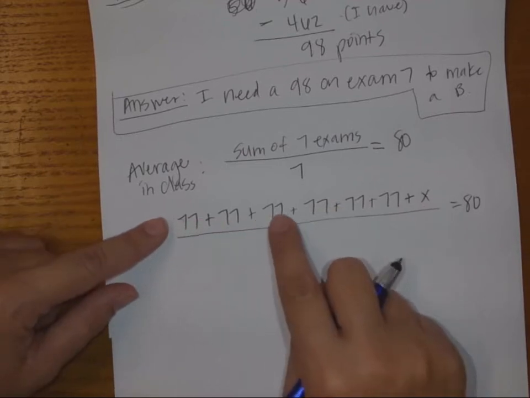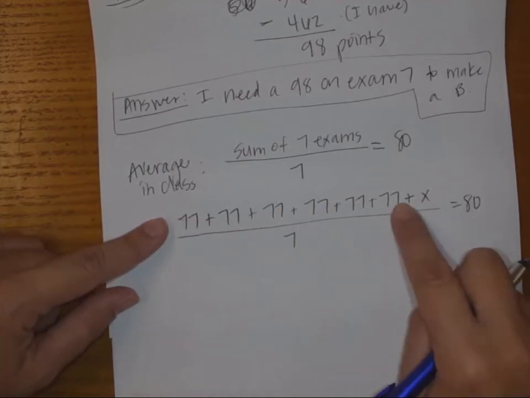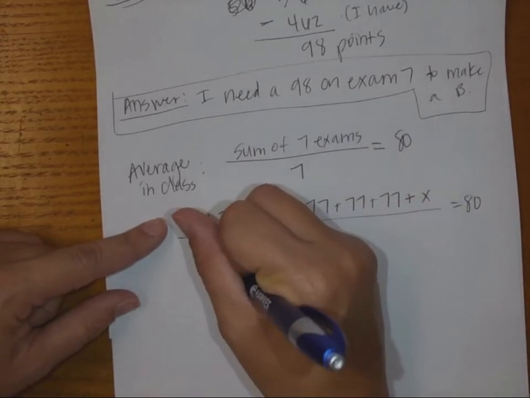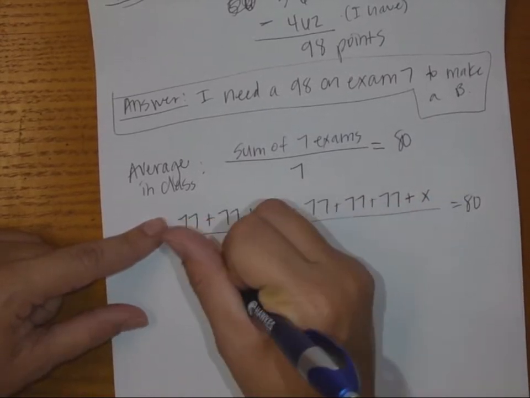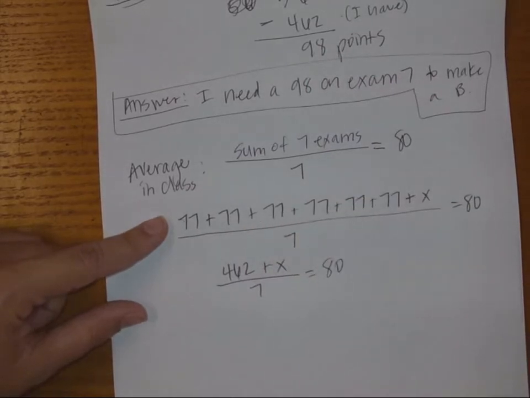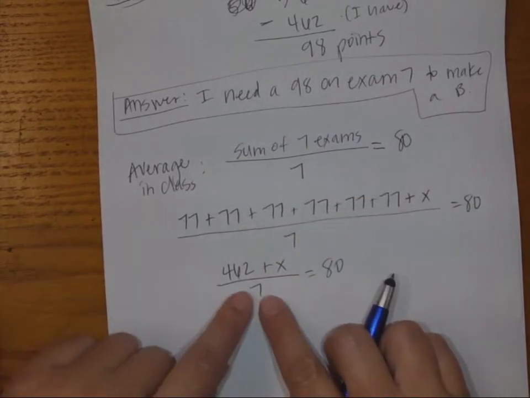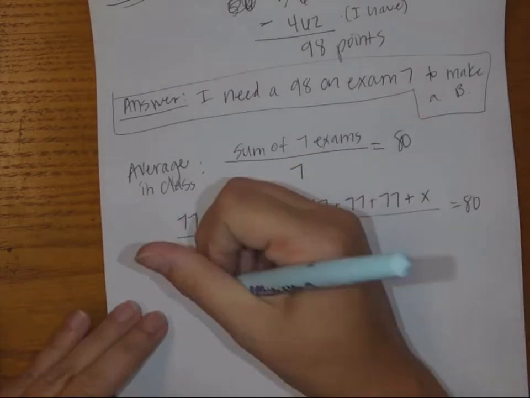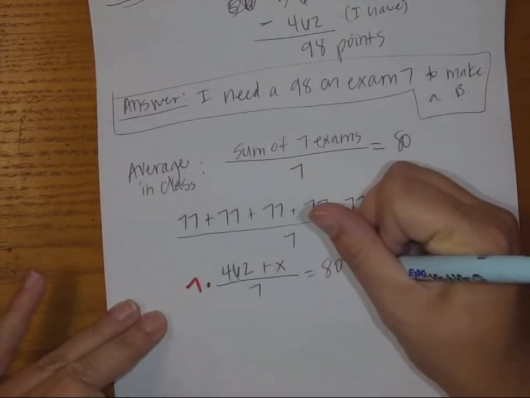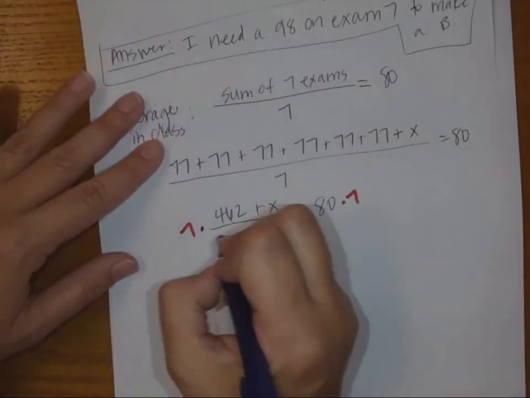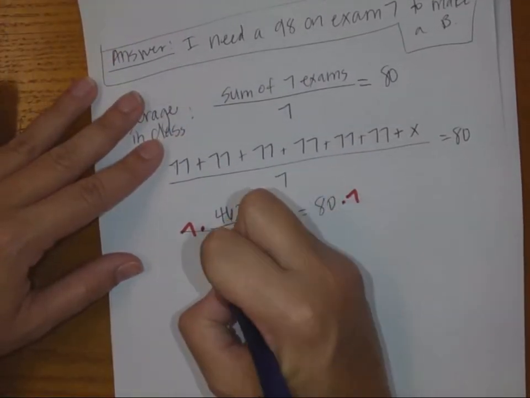So I'm going to add up 77 6 times. 77 times 6 is 462, plus X, divided by 7 equals 80. To solve for X, I need to get the 7 off the bottom. It's being divided by 7, so I'm going to multiply both sides by 7. These two undo each other.